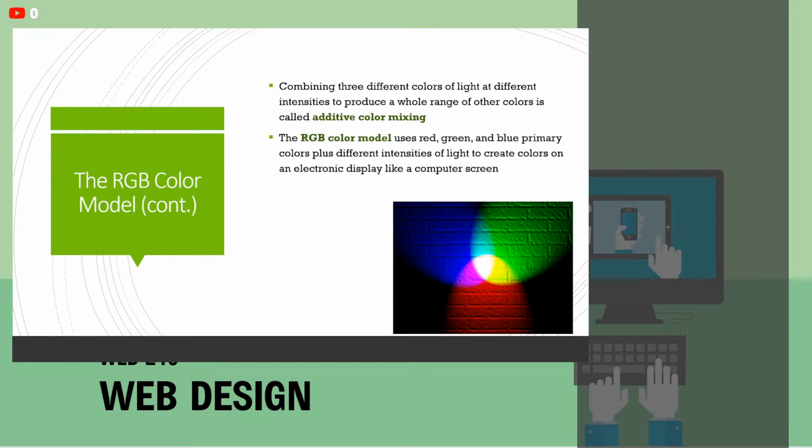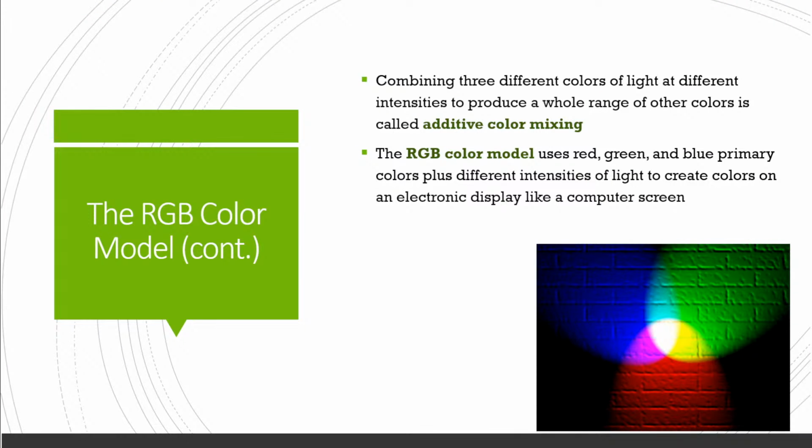Here we see a little example on our screen, in the lower part of the screen, of these colors mixing together. We see our red flashlight, our green flashlight, and our blue flashlight, and we see the areas where they overlap and mix. If you've ever been in a theater and looked up at the spotlights over the stage, you see that they have gels on them.